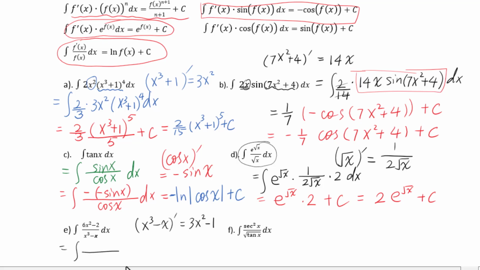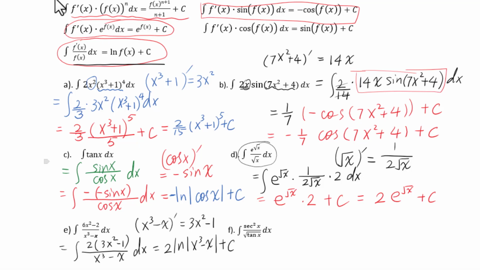So let's rewrite this: 2 times 3x squared minus 1 over x to the third power minus x dx. We have to use this formula, equals 2 natural log of the absolute value of x to the third power minus x plus c.